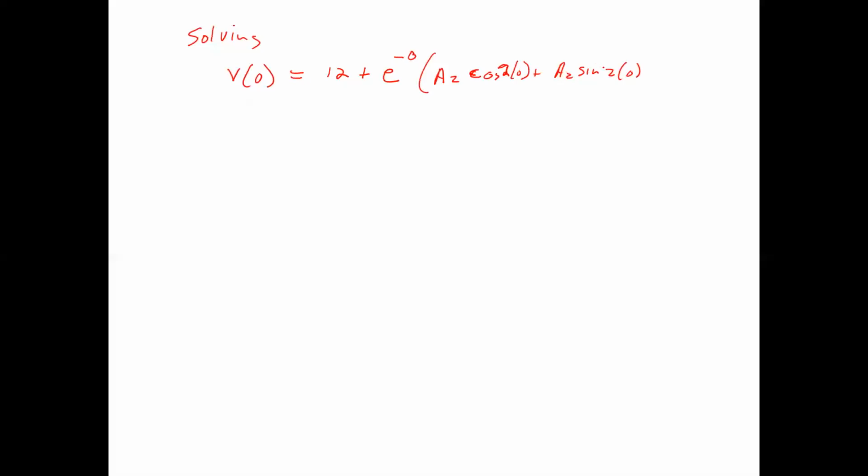The sine goes to 0, and the exponential and cosine go to 1. So that just equals 12 plus A2.